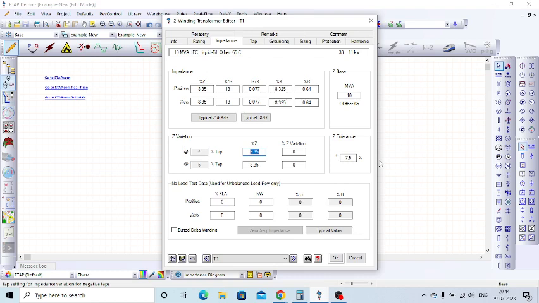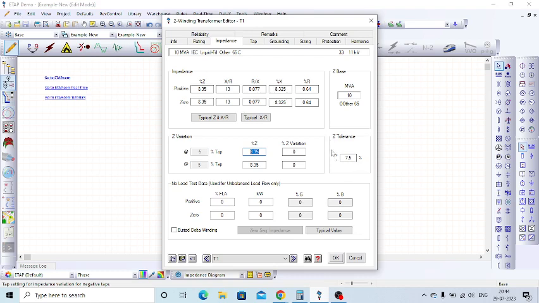So it is some basic information. In load flow, we will consider the positive tolerance in transformer impedance in order to get the worst case scenario. Similarly, in short circuit study, we will consider the negative tolerance, so that we can get the worst case scenario in short circuit study.